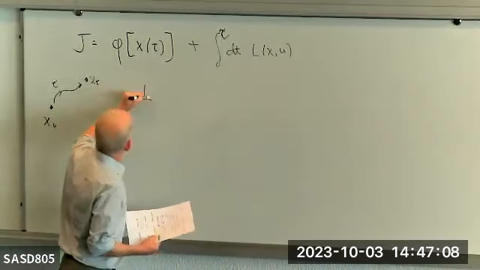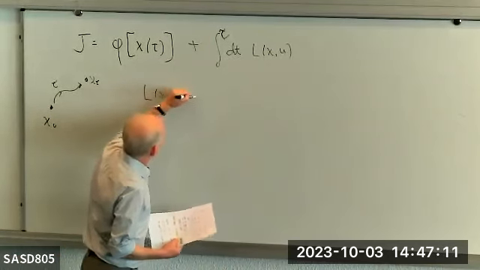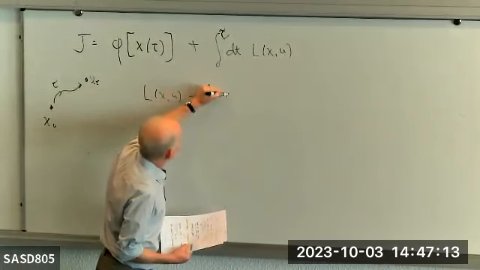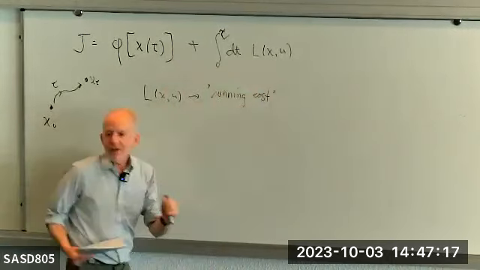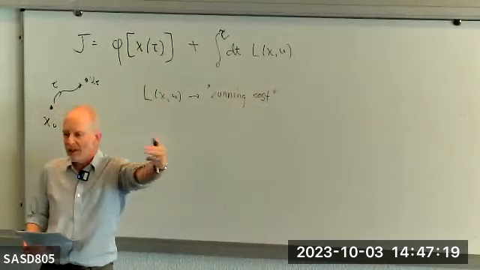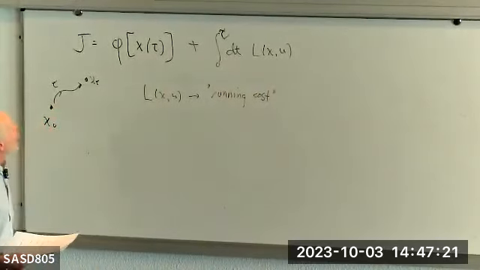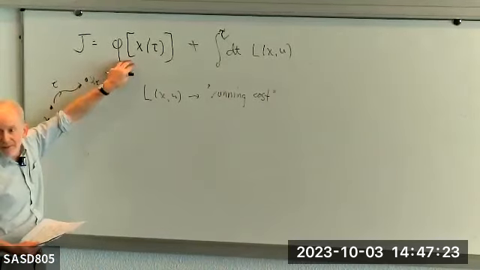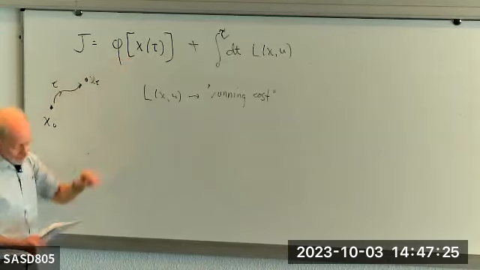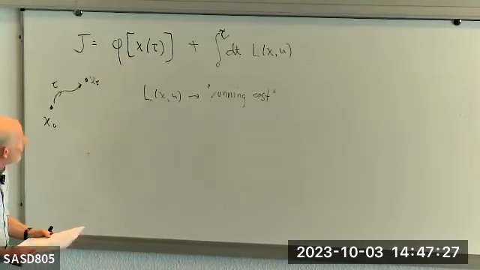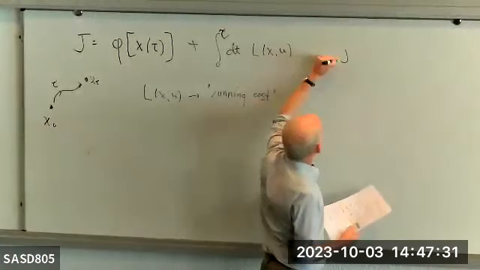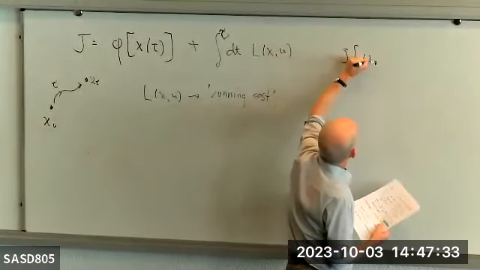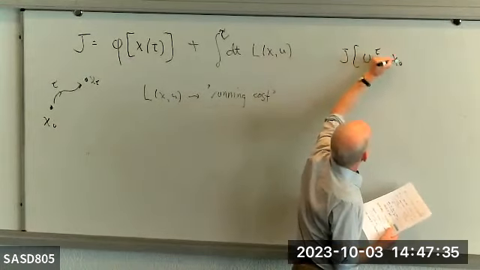what we might call the running cost? So this is costs that you incur while you're doing some protocol. And how much do you care about the result? Okay. So this J is going to be, again, a function of U on the trajectory there.